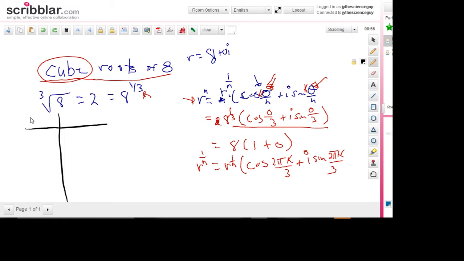This is my n or my k value, and this is going to be my new r. So I'm going to write the equation here. And here's the other thing.